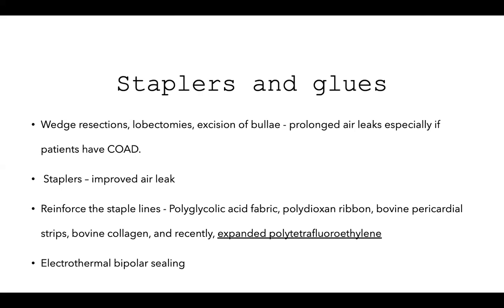On top of that, there is a practice to reinforce the staple line with polyglycolic acid fabric, polydioxanone ribbon, bovine pericardial strip, bovine collagen, and recently expanded polytetrafluoroethylene have been used. And along with that, there are options like electrothermal bipolar sealing.